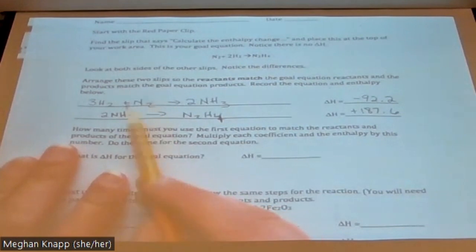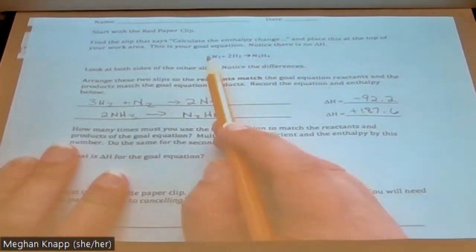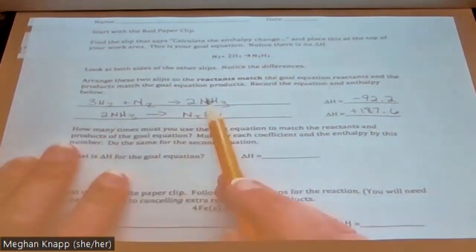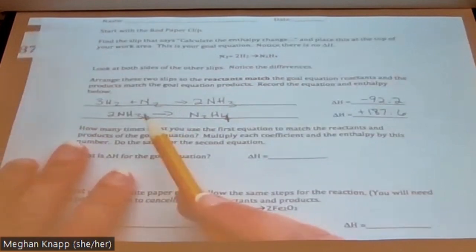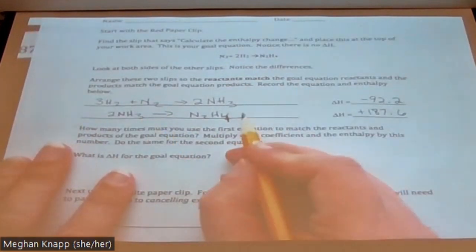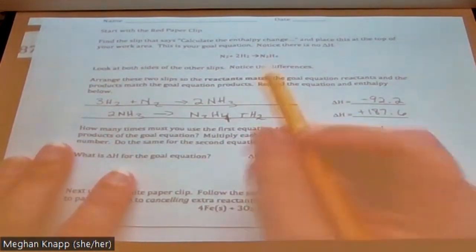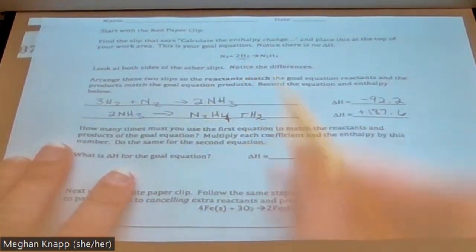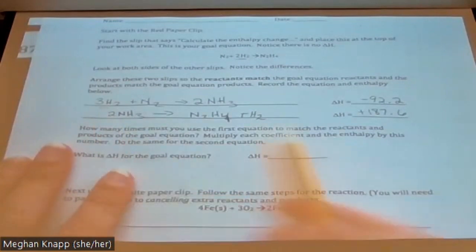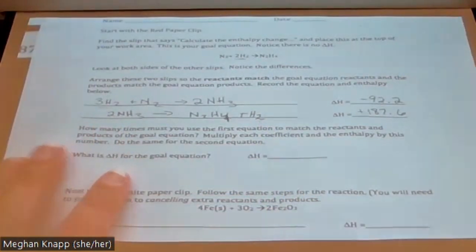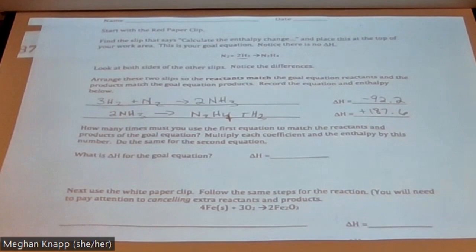I have one nitrogen and one nitrogen. These 2 cancel out. Oh, and I missed something, didn't I? What's H2? Yeah, there should be an H2 here. All right, and then here I have 2 hydrogens, and here I have 3, but one of them will cancel. Okay, so they look like they are good the way they are.